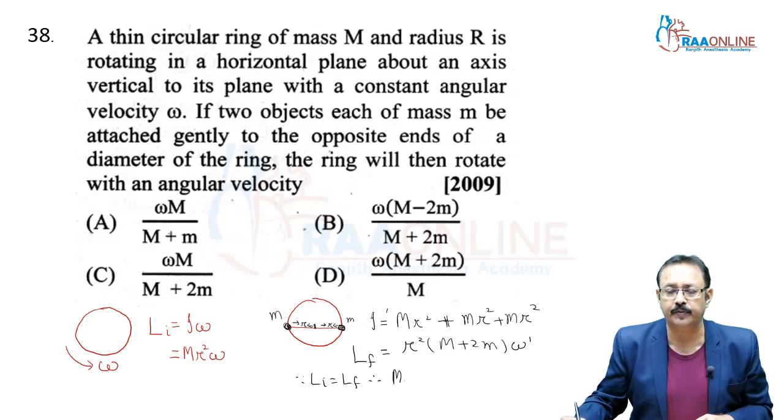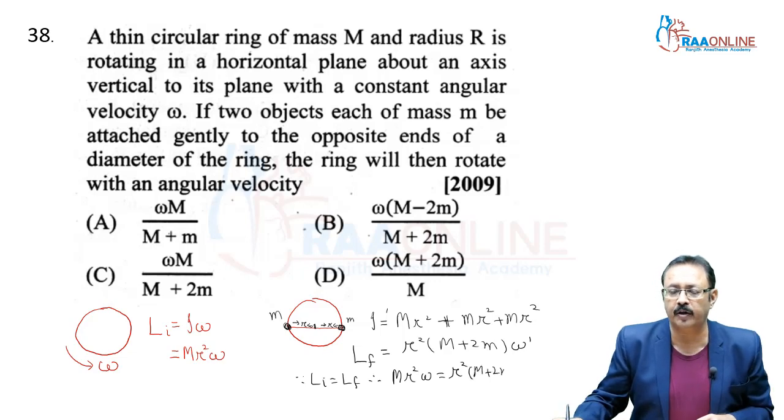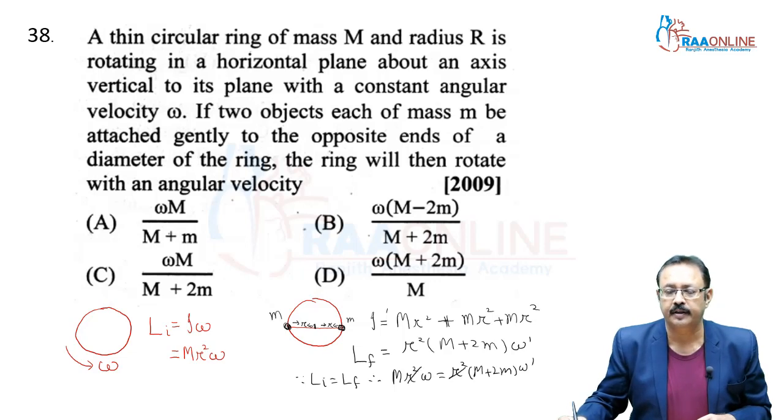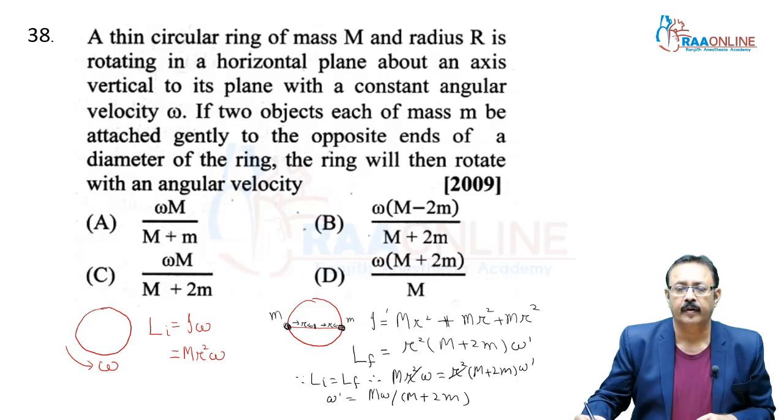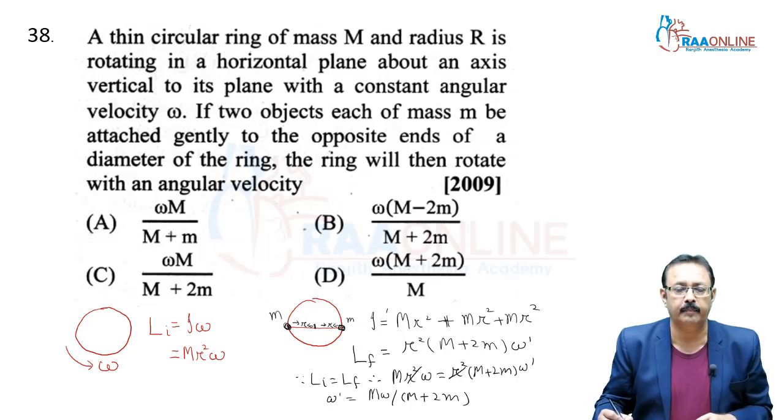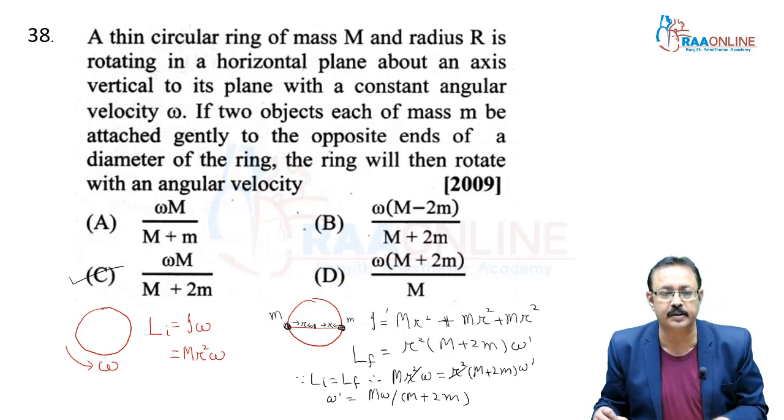Therefore, mr square omega should be equal to the final angular momentum, because in the absence of torque, angular momentum cannot change. So what we are getting? Omega dash is m omega divided by m plus 2m. So we are going with C.